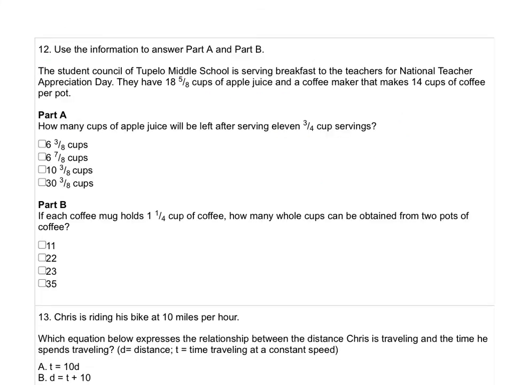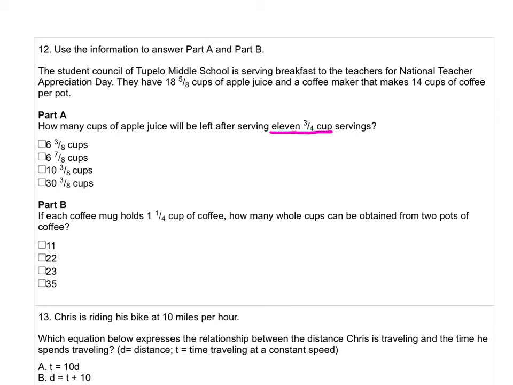Number 12. The Student Council of Tupelo Middle School is serving breakfast to teachers for National Teacher Appreciation Day. They have 18 5/8 cups of apple juice and a coffee maker that makes 14 cups of coffee per pot. How many cups of apple juice will be left after serving 11 3/4 cup servings? Well, let's find out how much 11 3/4 cup servings is.